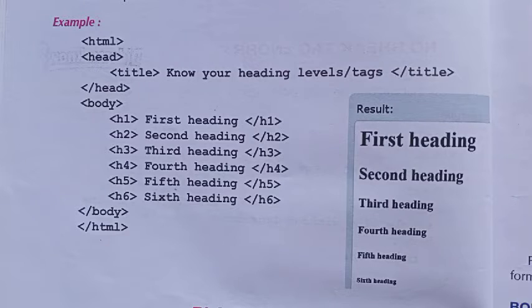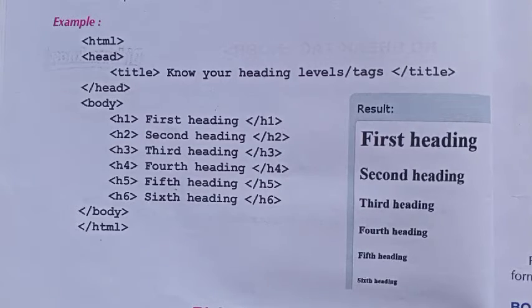If you want to show the H6 style alone, you can show that. Even if you want to make use of H1 alone, you can show that. So actually what I want to say is that it is not compulsory for you to make use of all the heading tags. You can make use of only the heading tag which is required by you.